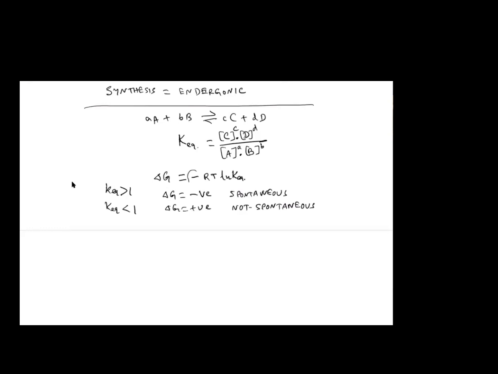If the number within the natural logarithm is greater than 1, you get a positive number, and as a result overall delta G is negative because you have a negative in front. Conversely, if you have less than 1 within the natural logarithm, that is negative, so the negative negative will be positive.